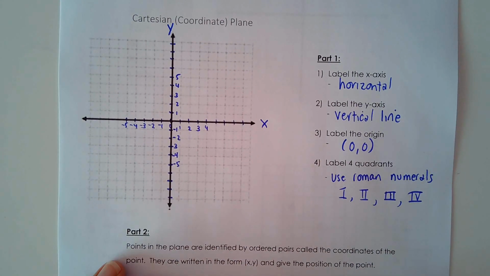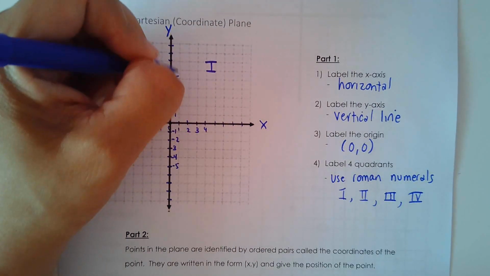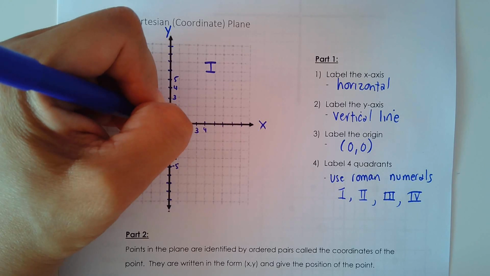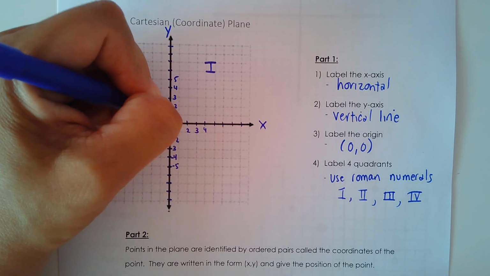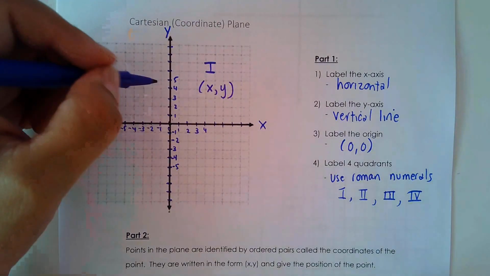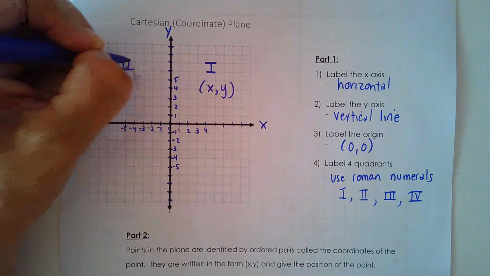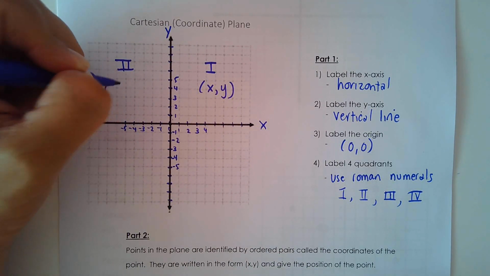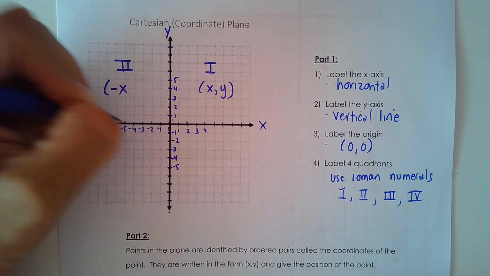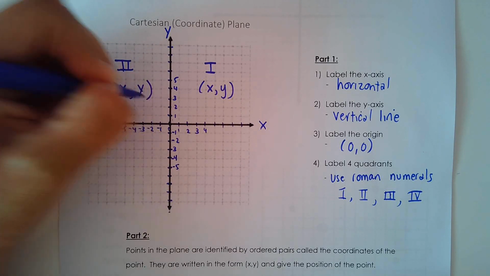And the way it works is this is quadrant 1, and in this quadrant here, the x values are positive and the y values are positive. Okay, here, so we go counterclockwise. This is quadrant 2. You'll notice that the x values are negative, but the y values are positive.